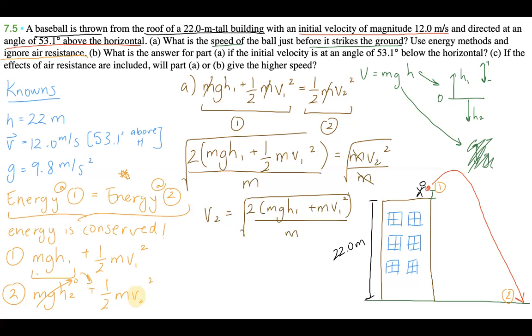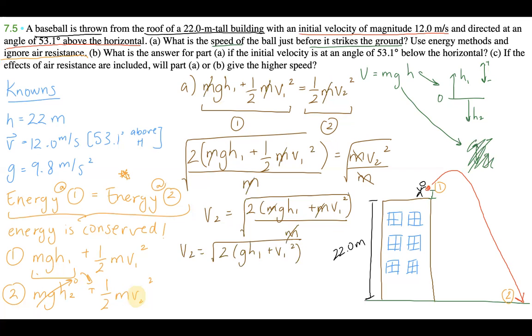So really V2 is the square root of 2 gh1 plus v1 squared. And yep, that is consistent with what I got in my notes, although I went about it a little bit differently, but ultimately, yes, got the same answer.